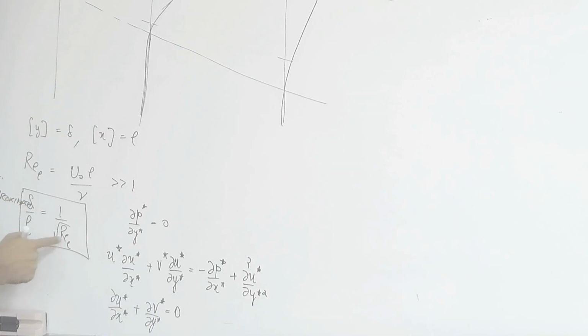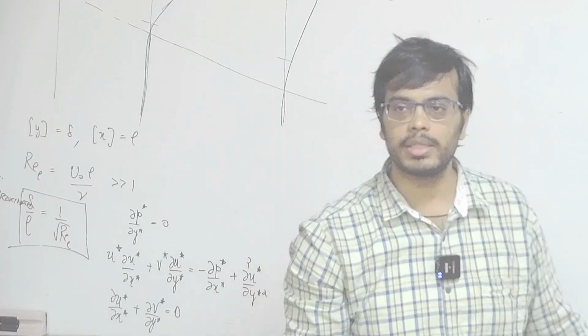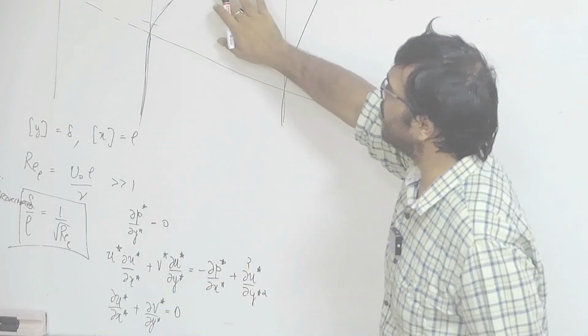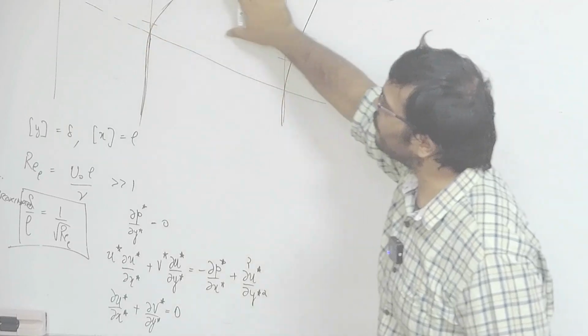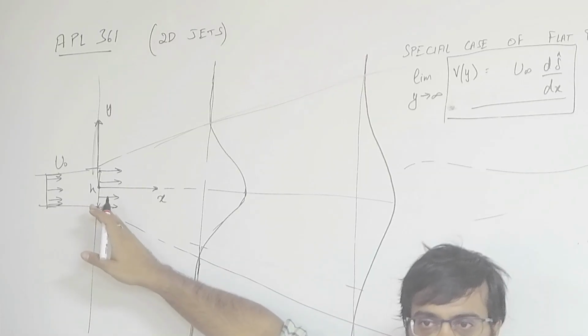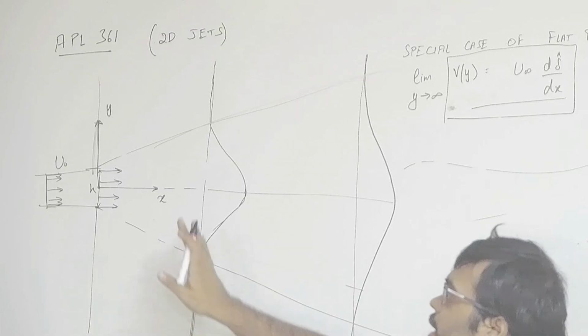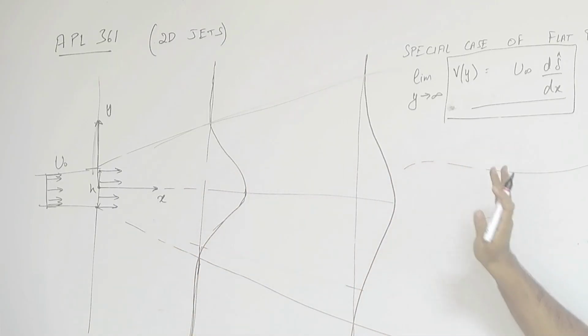We can assume this boundary layer approximation to be valid in not just boundary layers. This boundary layer theory is applicable whenever you are looking at a flow that is sufficiently far away from some kind of an inlet, but it is developing in both x and y. It is not a fully developed flow, so there is a change of flow in x, but the change of flow in x is very slow compared to the change of flow in y.